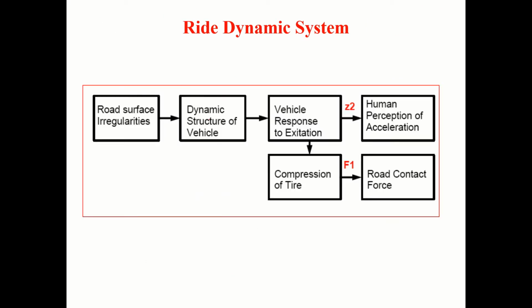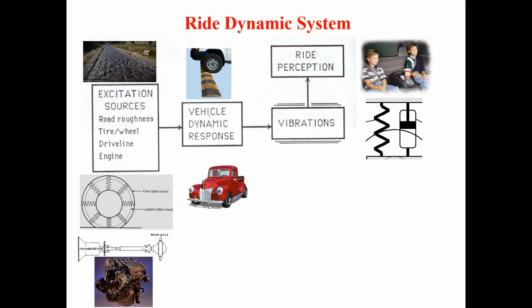So I think probably I have given much more detail here. The road surface irregularities, then the dynamic structure of the vehicle's response to excitation. That's what I already told. Again, you can see the road holding ability of the vehicle is one part of it. And the second part is how the human perceives this response. So what are those excitations that come to this vehicle dynamic system?